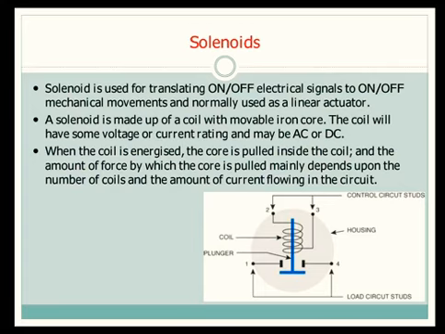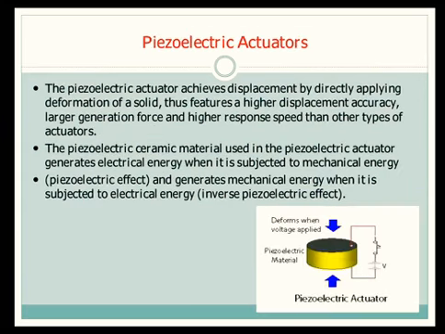That is, here we are not moving the coil which is carrying current, but the coil is stationary and we are moving a soft iron core inside the electric wires. So there will be some difference in magnetic fields generated, and it is used as a switch to control electric or mechanical systems.